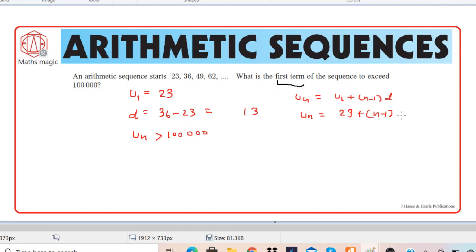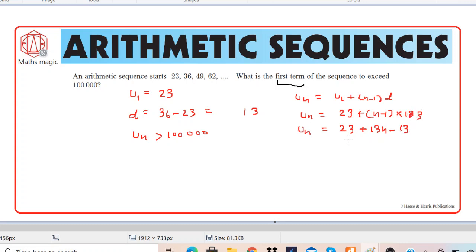Here d is the common difference, which is 13. So let's simplify this: 23 plus 13n minus 13.